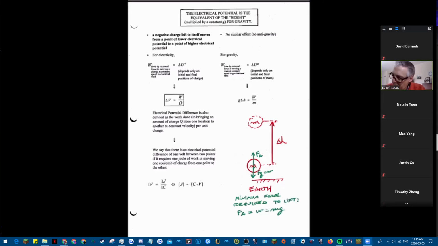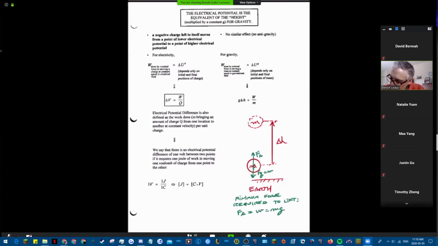Now, if we look at the work done by the applied force, I'll put it here, because I'm going to need more space.